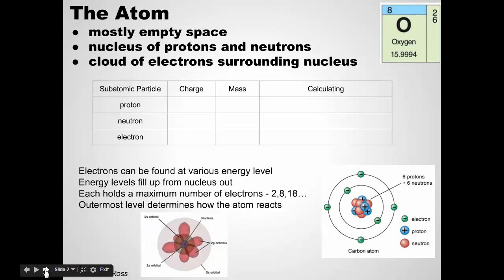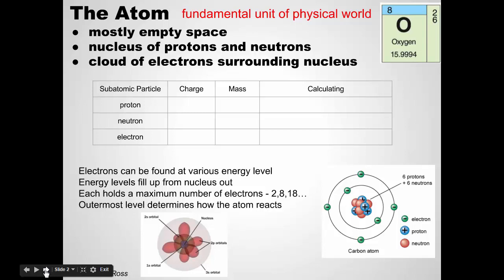So the atom, and this is all review. We know that an atom is the building block of matter. It's a fundamental particle that makes up the physical world. All matter is made of atoms, and an atom really is mostly empty space.